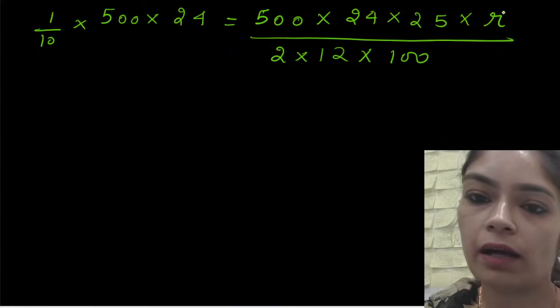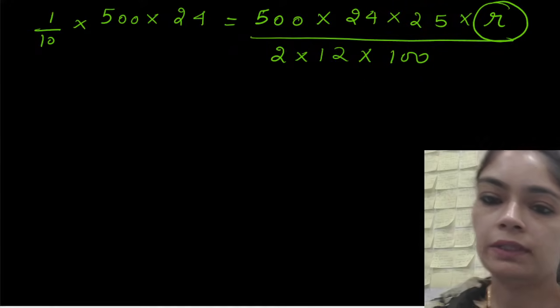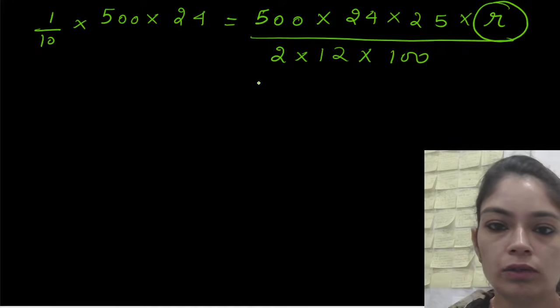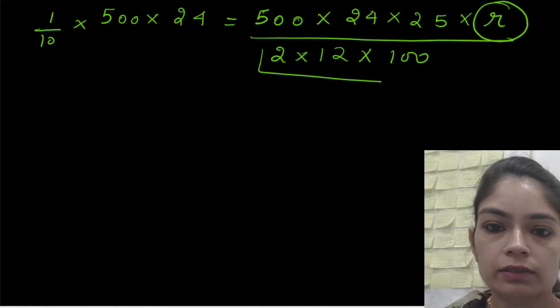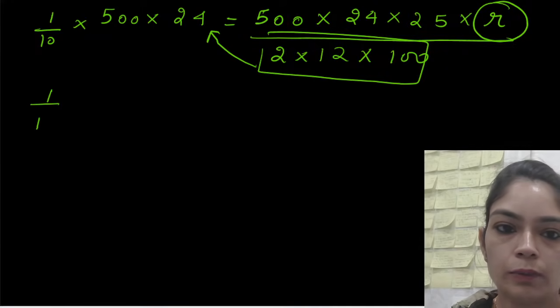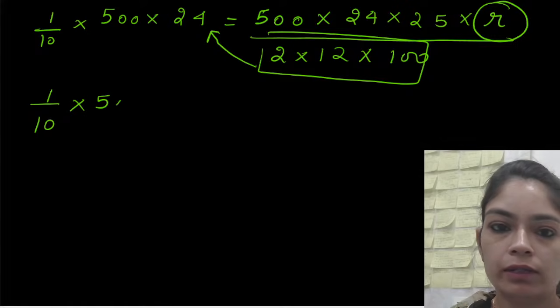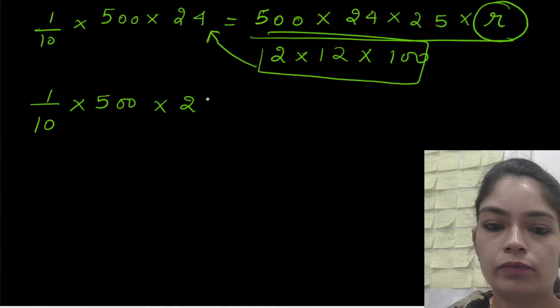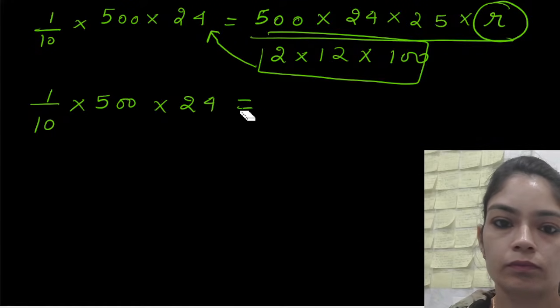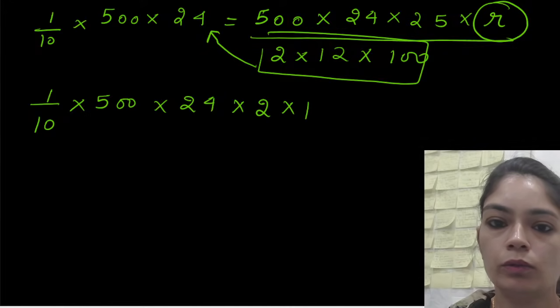Now we have to find R. So R is present this side. Let's shift everything to other side and find the value of R. So here these things are getting divided. We'll shift to other side. They'll get multiplied. So 1/10 into 500 into 24 is equals to R into 12 into 2 into 100.